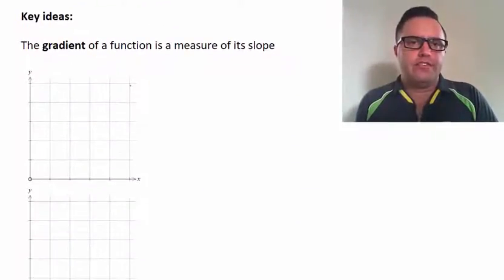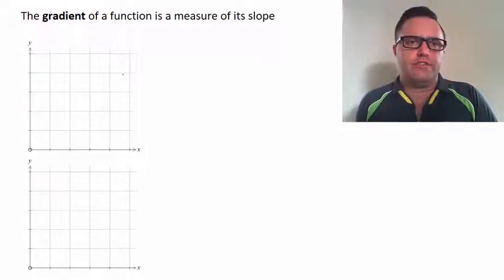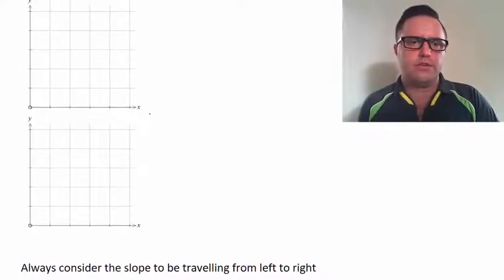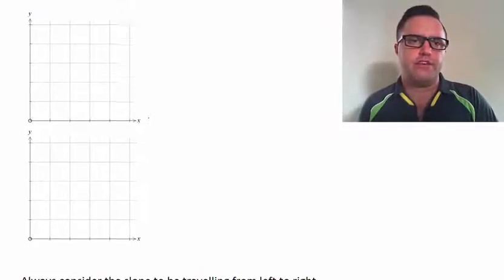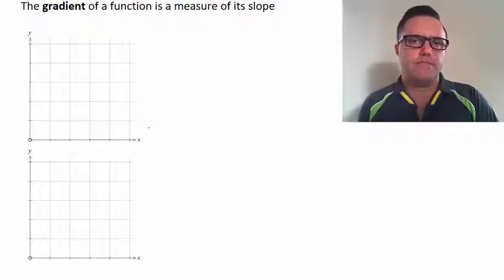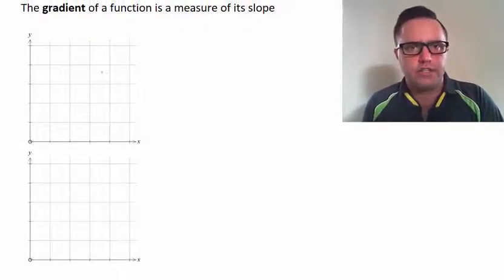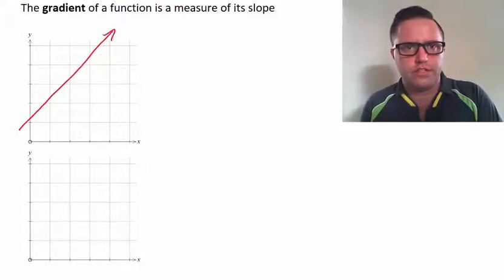So the gradient of a function is the measure of its slope. Importantly, you always need to consider the slope as traveling from left to right. That's very, very important. So you have ones that go like this, where the function's going this way.